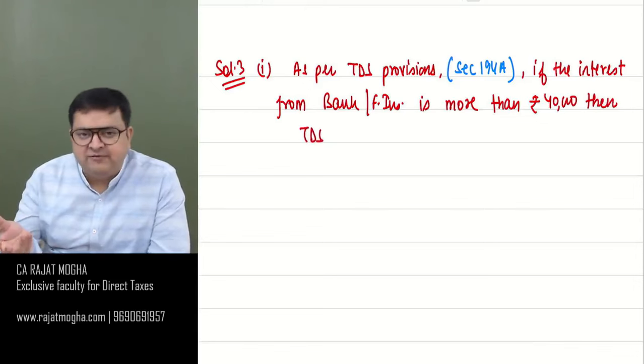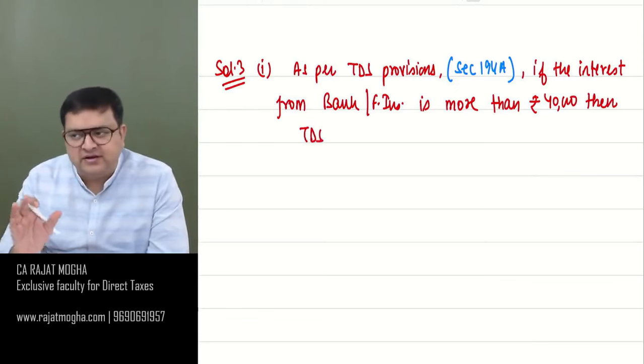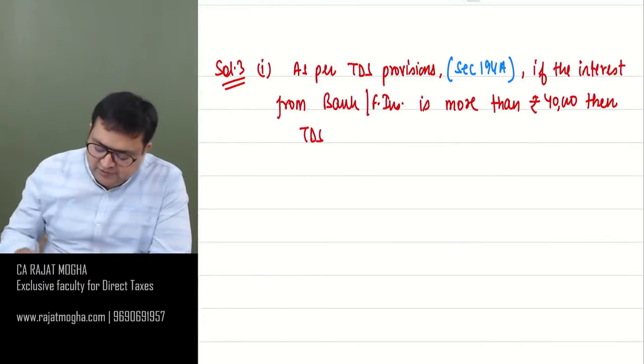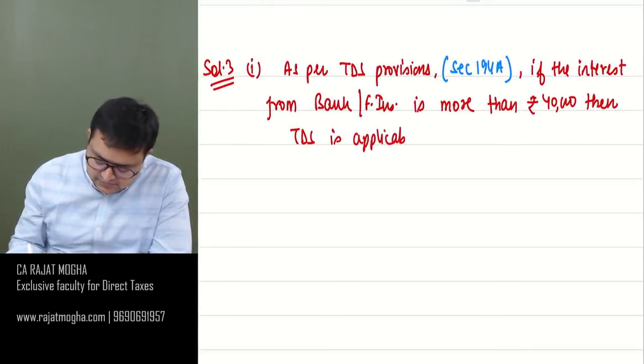No need to write 50,000 here because senior citizen is not there. 40,000 will also do. If you want to write 50,000 also for senior, you can write it. Otherwise, not that much required. It's more than 40,000, then TDS is applicable at a rate of 10%.